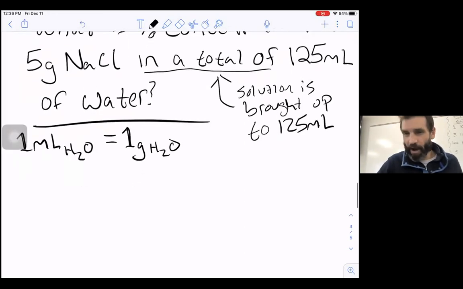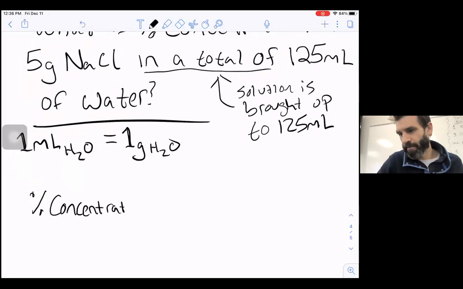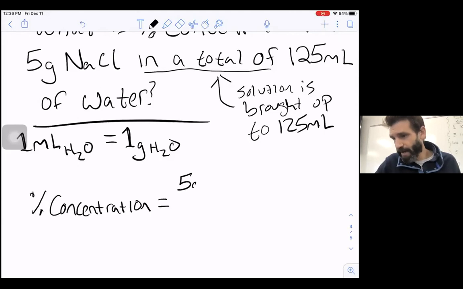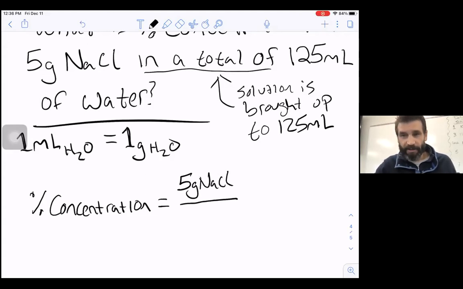Okay, so what I want you to do for this class is the percent concentration equals the 5 grams of sodium chloride divided by, now we had 125 mLs of solution, and there was a little bit of salt mixed in there, but that salt mixed into the water doesn't change the mass enough.